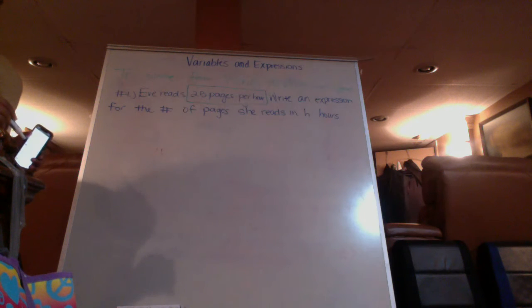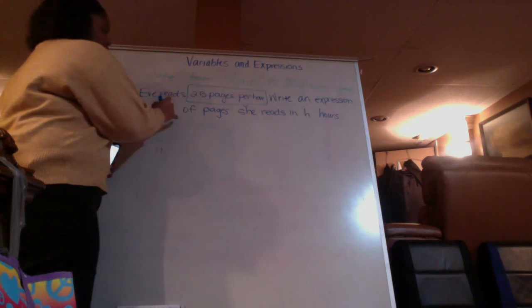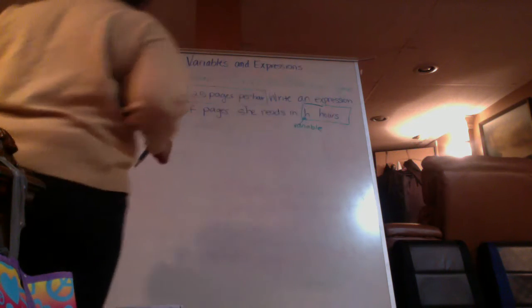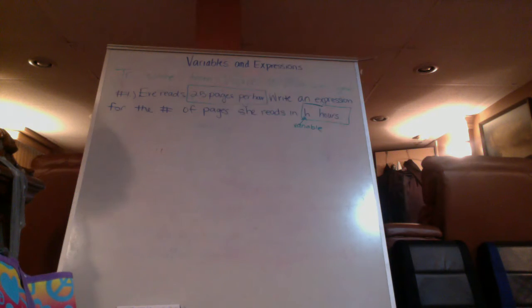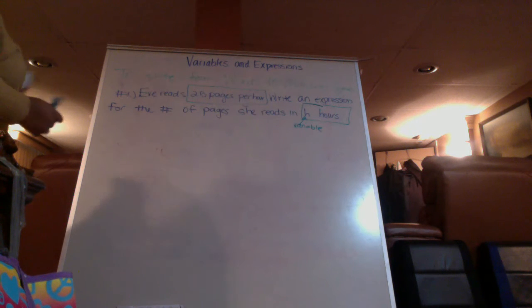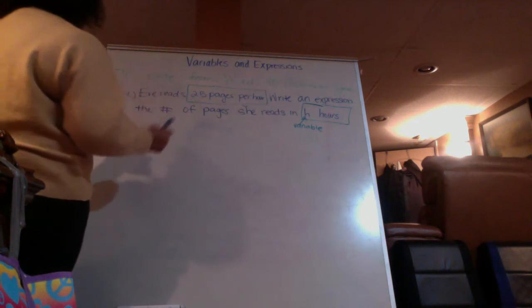Write an expression for the number of pages. Okay, so that's what we're trying to figure out. She reads in H hours. This is also important, especially because this has our what? Our variable. This H right here, the problem is telling us that we need to write hours as an H. That's going to be our variable. So that's basically what it has in here.